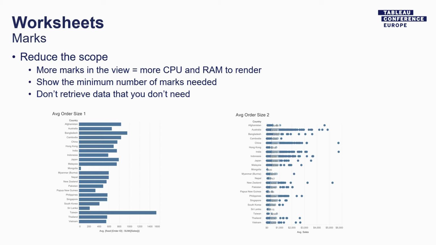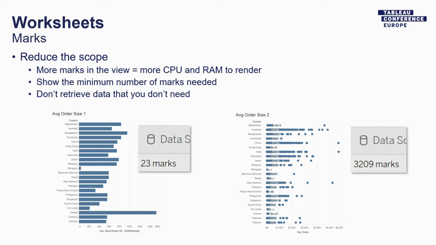But if we want to look further and see who those orders and customers are, we might need the right one. The major difference we're looking at here is the number of marks. On the left, Tableau needs to render bar charts, pretty simple, 23 of them. On the right, we need to render more than 3,000 dots on this scatter plot.